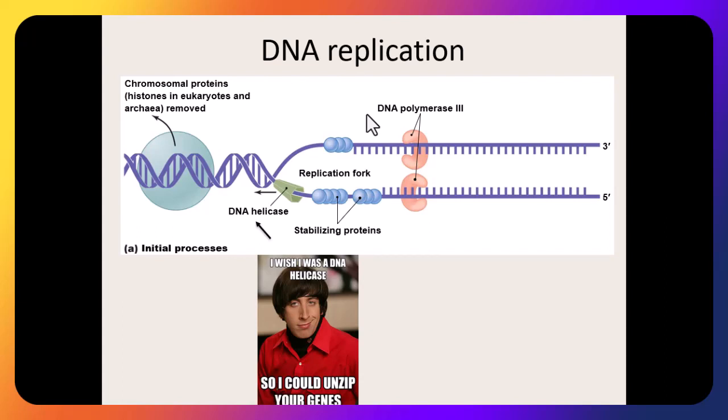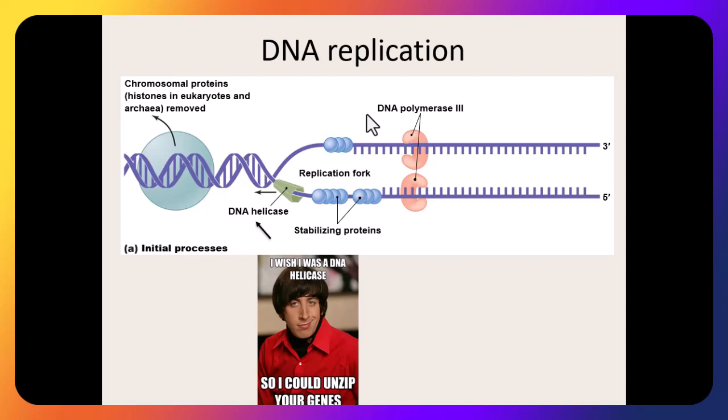So the helicase enzyme is unzipping or pulling the 2 strands apart. So now you've got your 2 template strands. Now, there's other enzymes involved as well. There's one called DNA polymerase. The job of DNA polymerase is to bring in the correct bases.